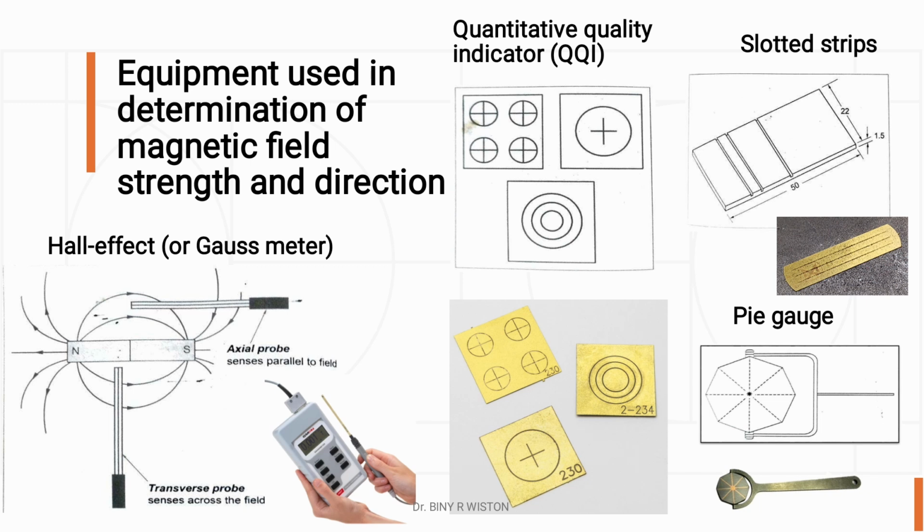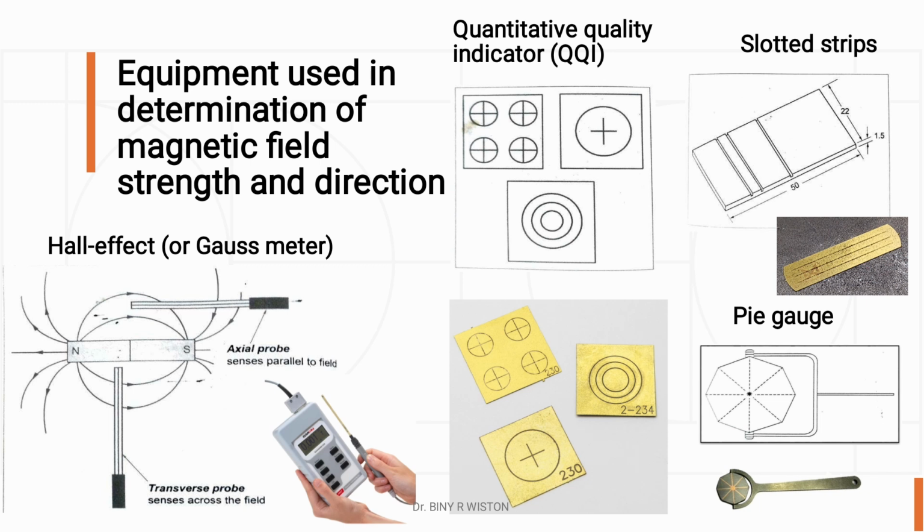Some of the main equipment used to determine these parameters are the Hall effect or gauss meter, pie gauge, quantitative quality indicator QQI, and slotted strips. A gauss meter is generally used to measure the tangential field strength on the surface of the part. The most common Hall effect meters are the transverse probe and axial probe.